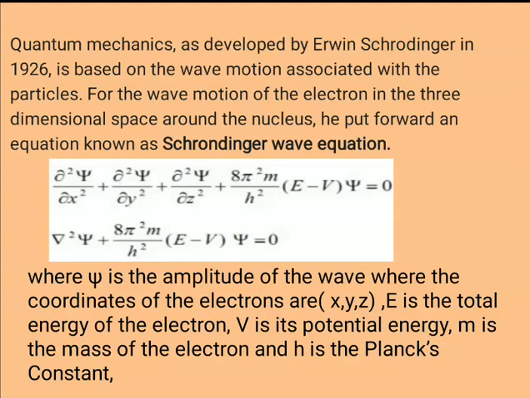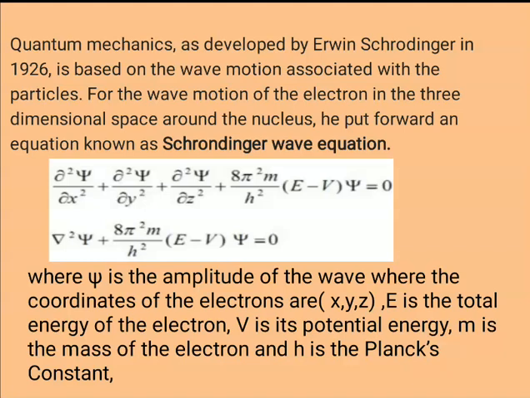Similarly, ∂²ψ/∂y² means second differential of psi along the y-axis, and ∂²ψ/∂z² means second differential of psi with respect to z-axis. Here m is the mass of the electron, E is the total energy of the electron, V is the total potential energy of the electron, and psi is the amplitude, meaning the wave function of the electron.